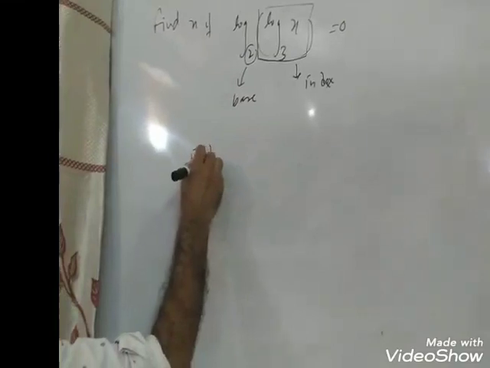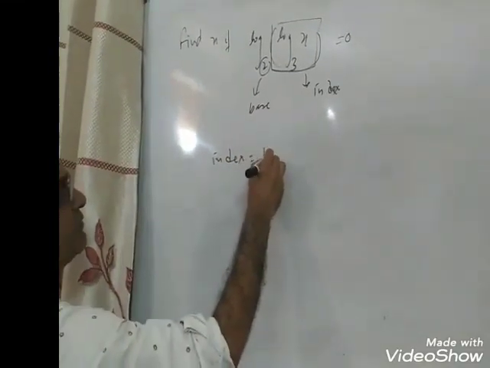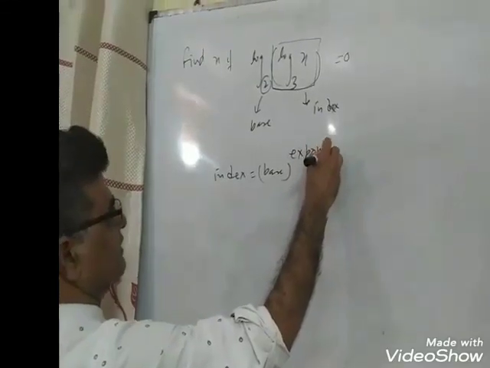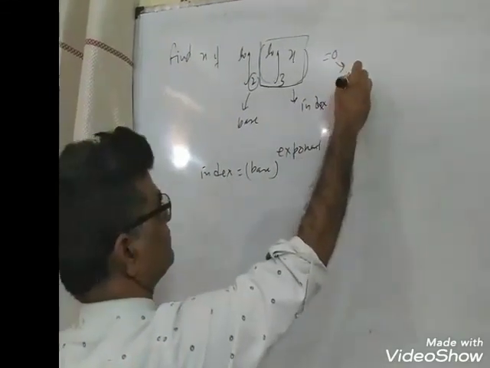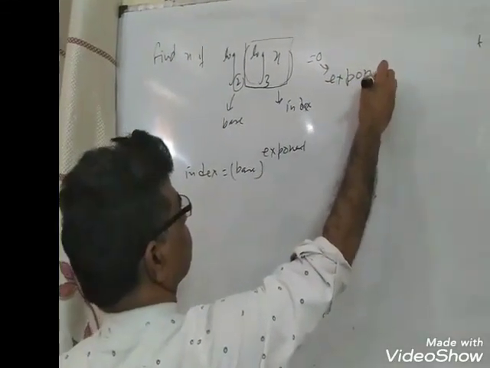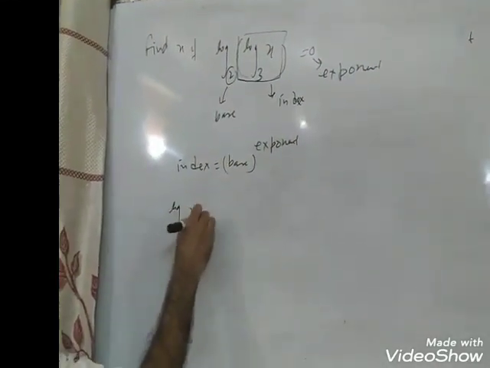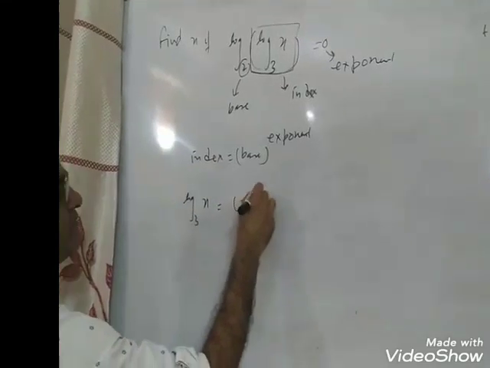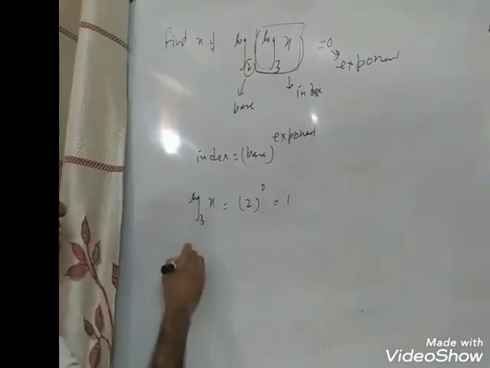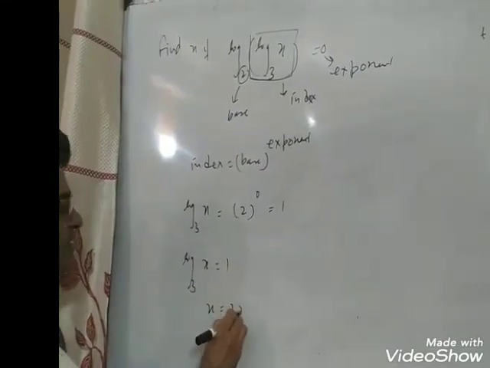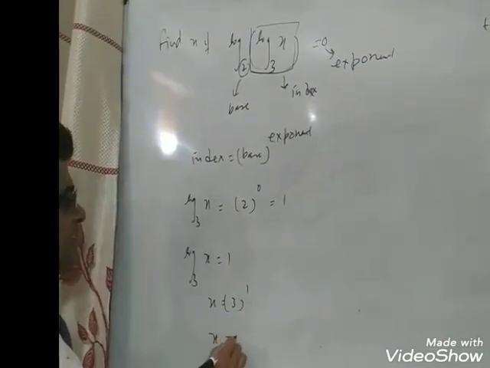So index is equal to base to the power exponent. So the index log base 3 of x equals 2 to the power 0, which is equal to 1. So log base 3 of x is equal to 1. So x can be written as 3 to the power 1. So x is equal to 3.